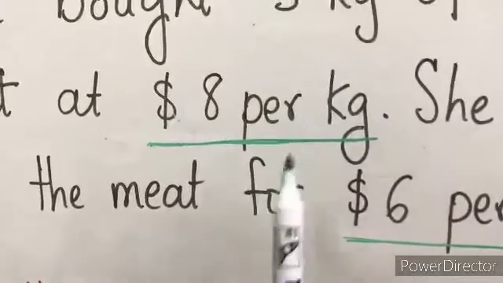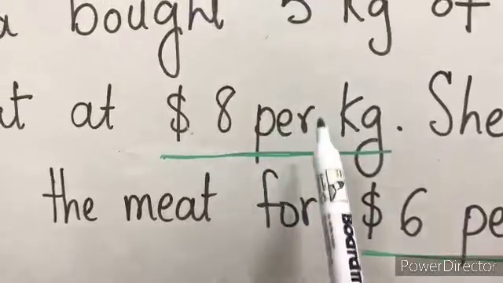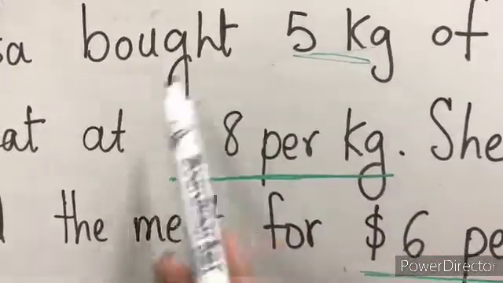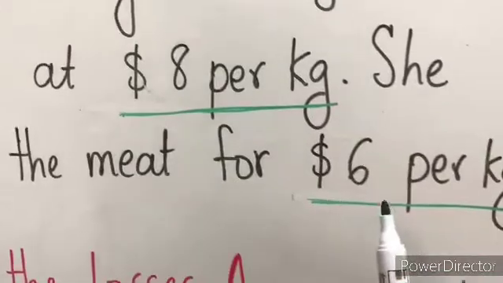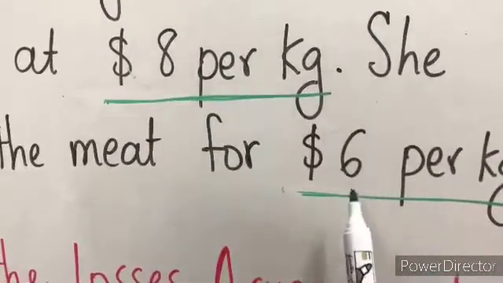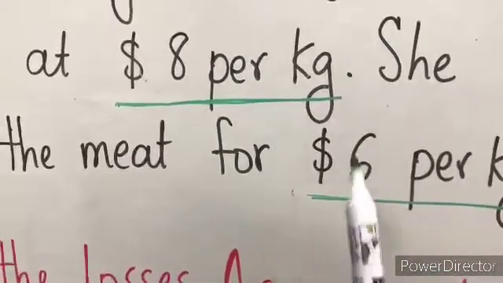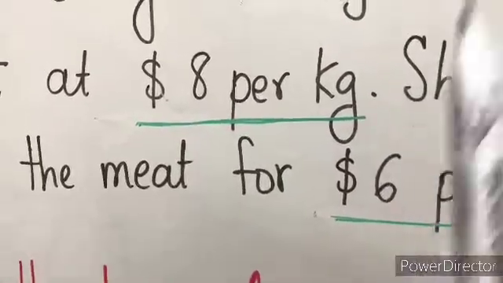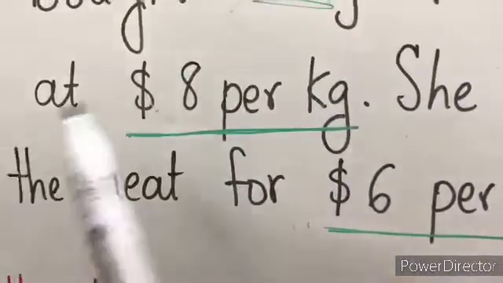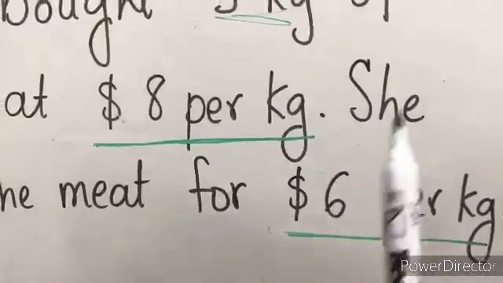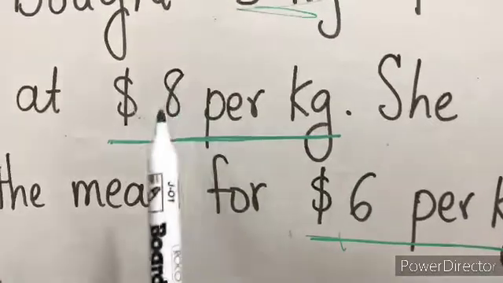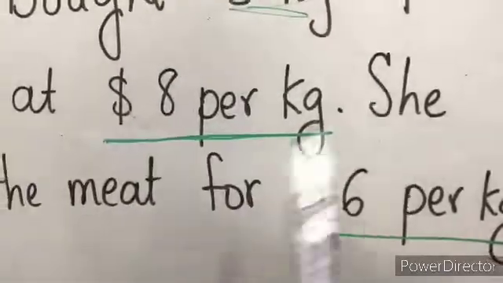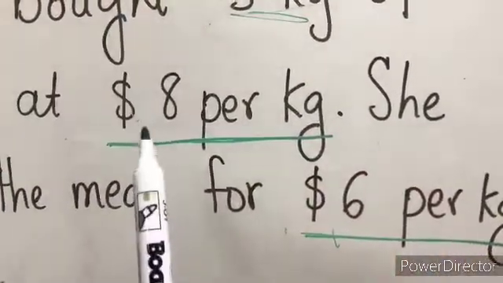First of all you will calculate the cost of the purchased 5 kg of lamb, and then you will calculate the selling price. Then you will put it in the formula and find out what happened. Because the selling price is lower than the buying price or the original price, for sure it is a question of loss.